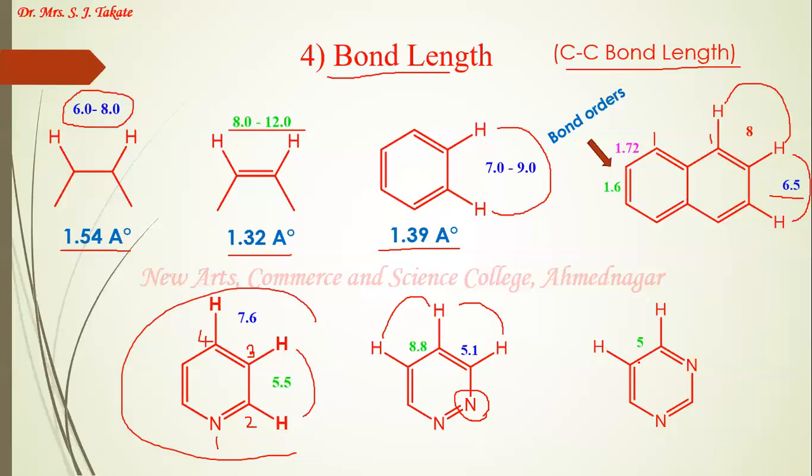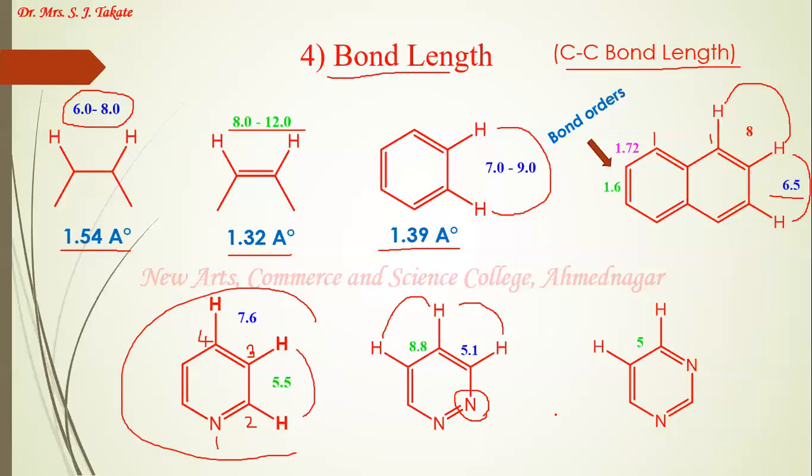The bond lengths are not like a carbon-carbon double bond, but the partial bonds are present, and because of the presence of the electronegative nitrogen, the coupling constant value is still decreasing.